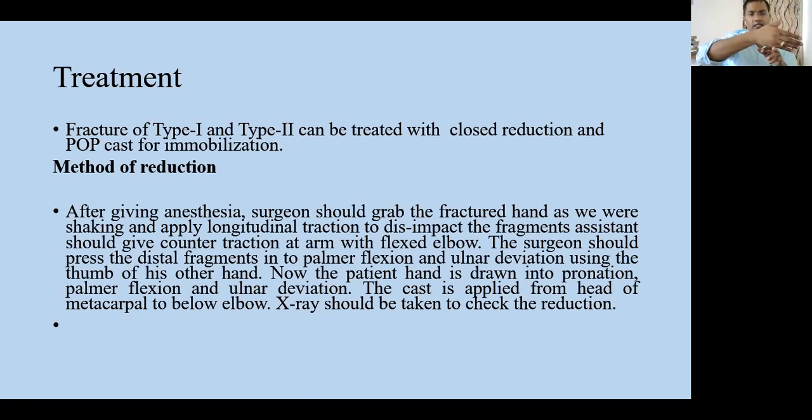You can see this is the ulnar deviation and this is the palmar flexion. So a little palmar flexion and ulnar deviation. In that situation, you have to immobilize, you have to mold that cast in that position. In that case, you receive a good range of movement and good function after the fracture heals.